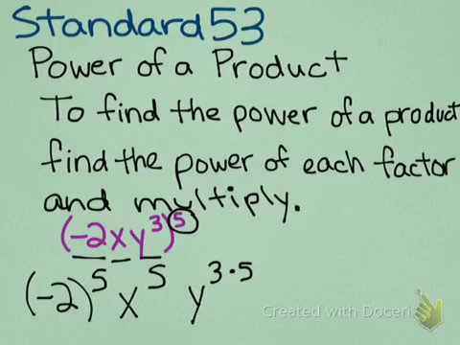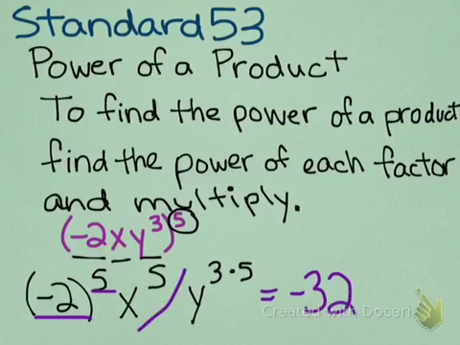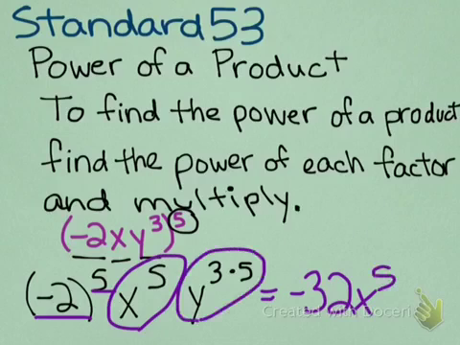So when we simplify that, negative 2 to the 5th power, negative 2 times negative 2 times negative 2 times negative 2 times negative 2 is negative 32. You can also use your scientific calculator to help you figure that out. X to the 5th power, and then y to the 3 times 5 is y to the 15th power. So the power is applied to each factor inside.